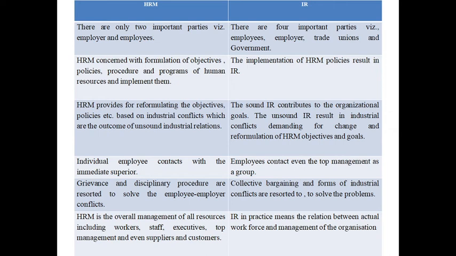Human resource management is the overall management of all resources including workers, staff, executives, top management, and even suppliers and customers. Industrial relation in practice means the relation between the actual workforce and management of the organization.